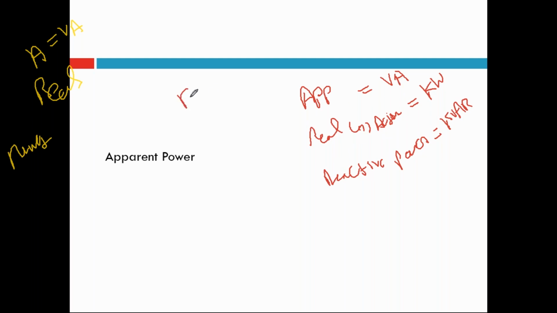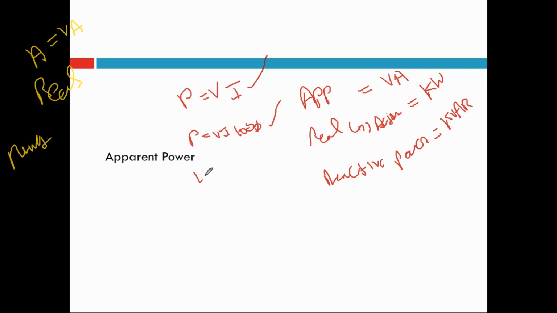For apparent power, S is equal to VI. This is called the apparent power equation. For real power, we represent P is equal to VI cos phi. This equation represents real power and active power.